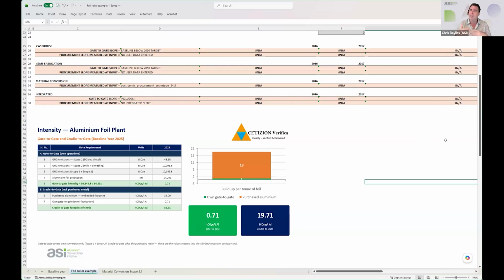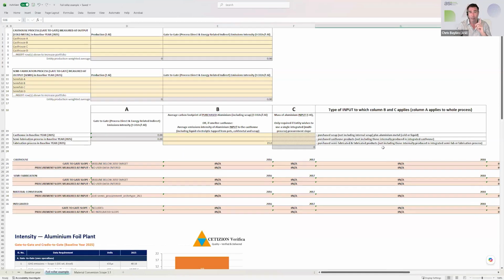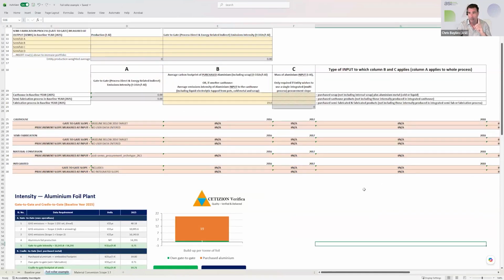And so in our system, knowing that the input material, the scope 3 category 1s dominate, we only ask material converters for ASI conformance to show slopes for their procured material. They don't need to show scope 1 and 2, their direct emissions, only scope 3 category 1. And so that means there's only one data point that needs to be entered by these entities.